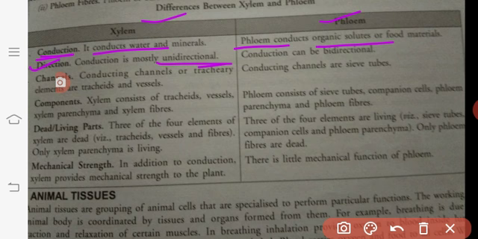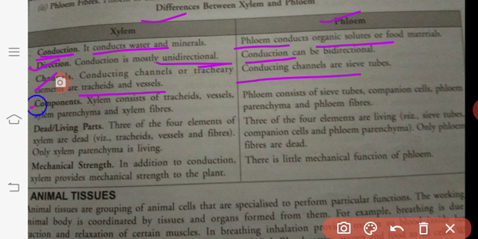Uni means single, it has only one direction. In phloem, conduction can be bidirectional. Next is channels. Conducting channels in xylem are tracheary elements, that are tracheids and vessels. Conducting channels in phloem are sieve tubes.